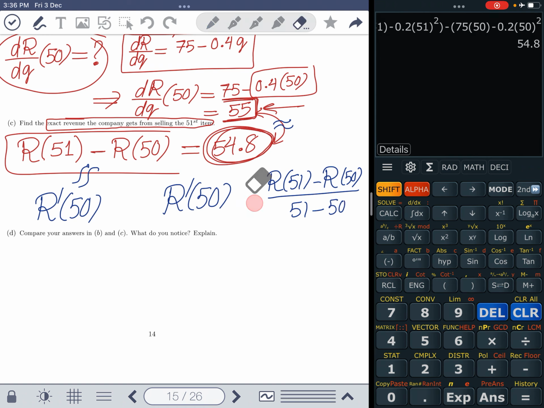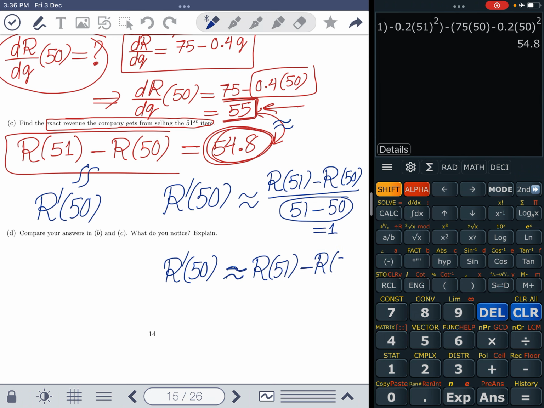This is not a real equality, it's an approximation. And because 51 minus 50 is always 1, the marginal revenue at 50 is approximately the same as the exact revenue of selling the 51st item, which you get by subtracting the revenue of selling 50 items from the revenue of selling 51 items.